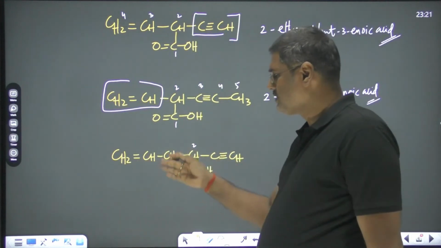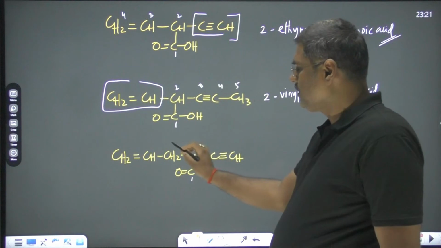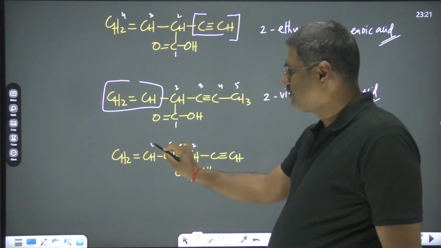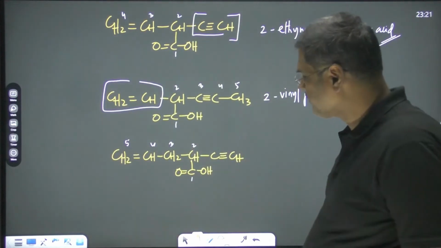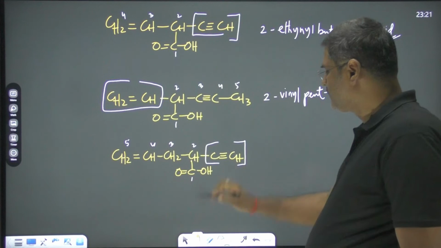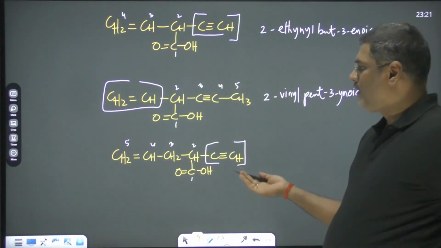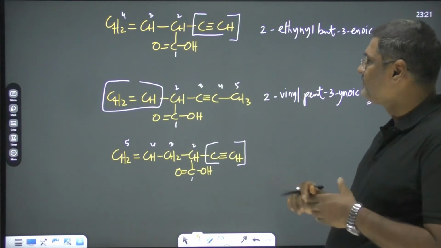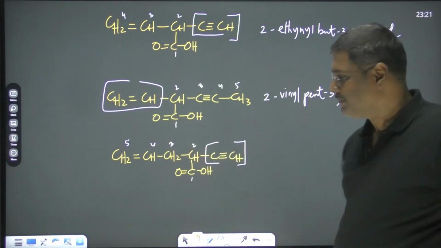As this contains the more number of carbon atoms, we favor this one and we take here 3, this one 4, this one 5. Let's see here now. In this case, this one is substituent. Okay? But ethynyl, and this one is the parent one.